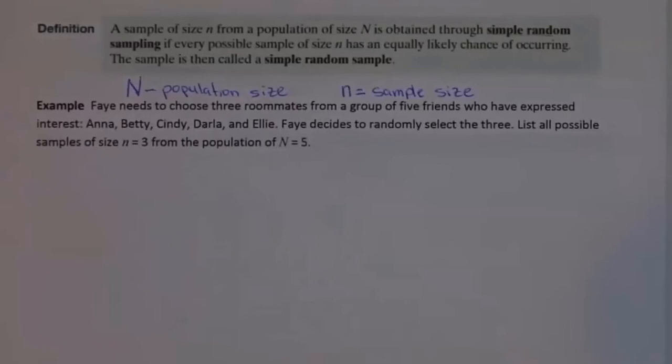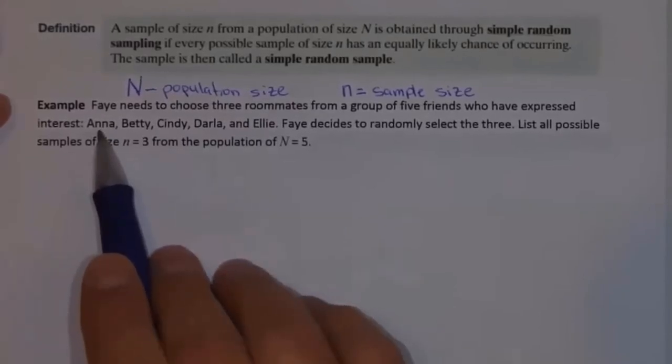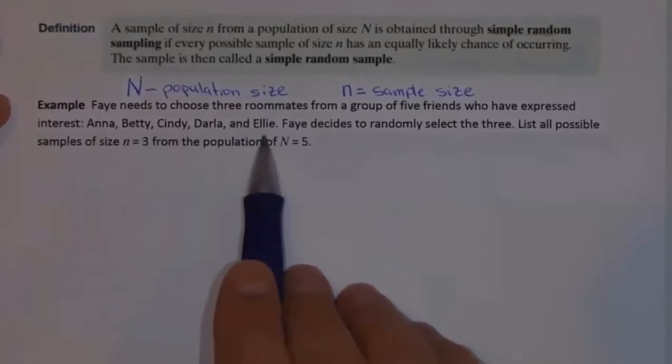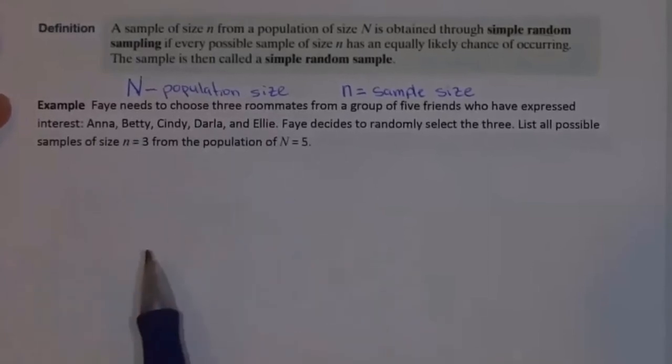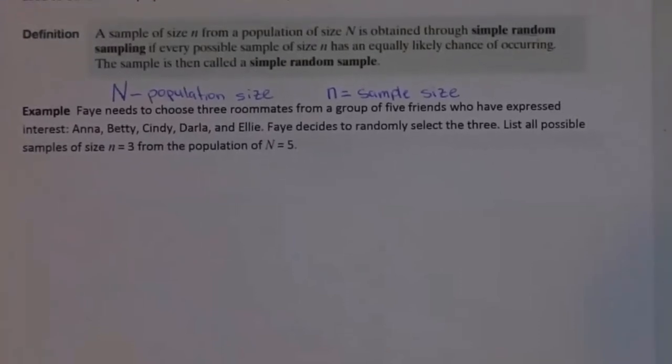So Faye is picking 3 out of Anna, Betty, Cindy, Darla, and Ellie. Now, when I made this example, I used A, B, C, D, E for the first names just so I can reference them by their first initial rather than having to write out the whole name. So what we're going to do again is list all of the possible samples of size 3 out of this population of size 5.